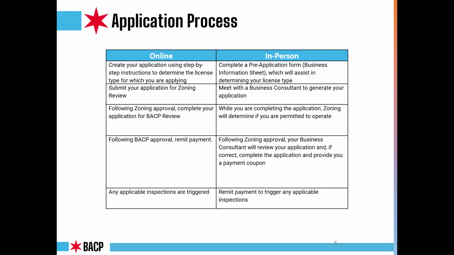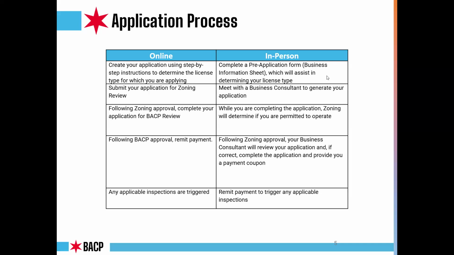You will get into more regarding the questions you're going to need to answer, tax questions, providing information about your owners, officers, etc. Once you get approval from a BACP reviewer, then you are going to be allowed to remit payment. So that'll be the full payment for your license. And then after you submit payment, any applicable inspections will be triggered. And we're going to talk more about inspections later on in this presentation.